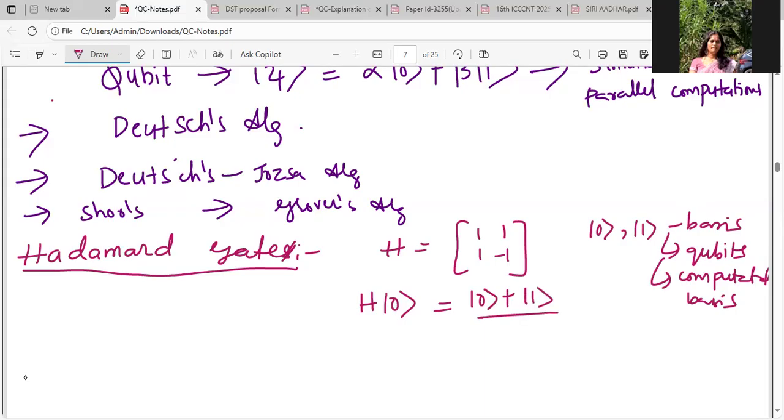Now I can write the operation of the Hadamard gate on ket 0, the computational basis ket 0, to be like this. Of course, you can observe it by applying matrix multiplication.